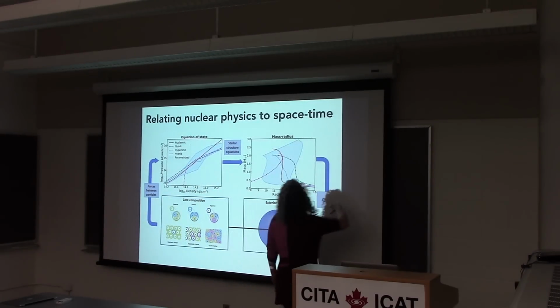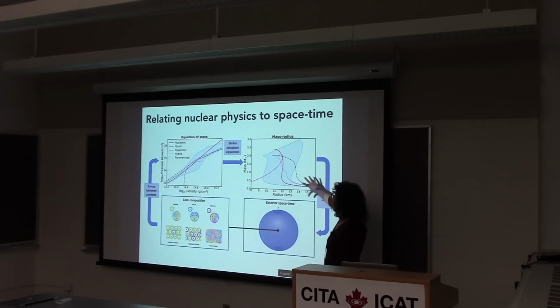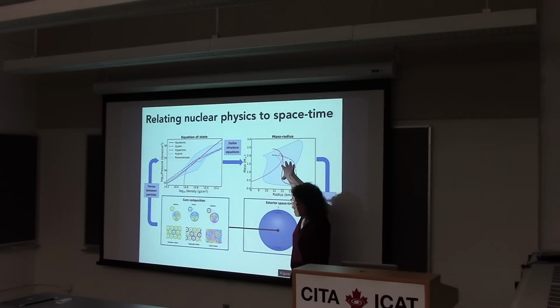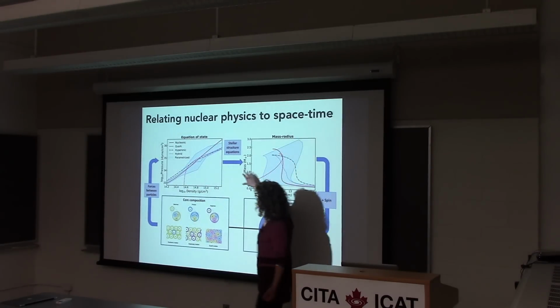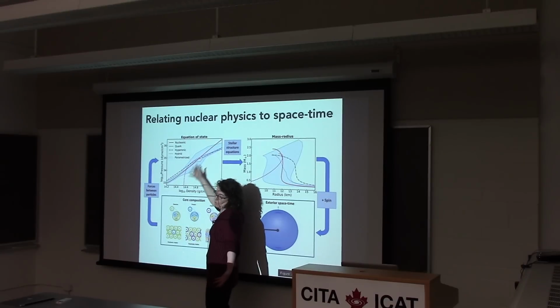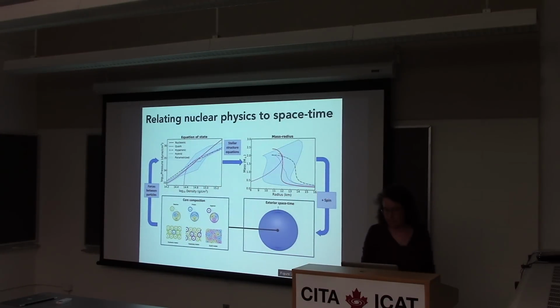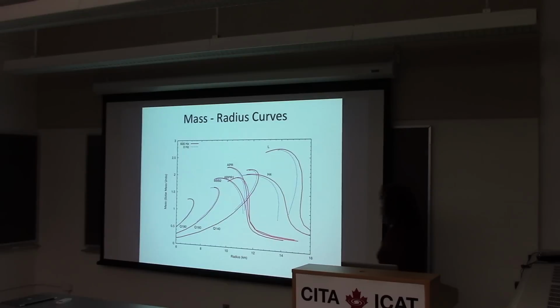And we try to get an understanding of measurements of the mass and radius of a neutron star by somehow sampling the exterior space-time, which is highly curved because of general relativity. We try to make measurements of these masses and radii of neutron stars in order to understand which of these equations of state might be correct, which might give us some insight into what's happening inside of neutron stars.